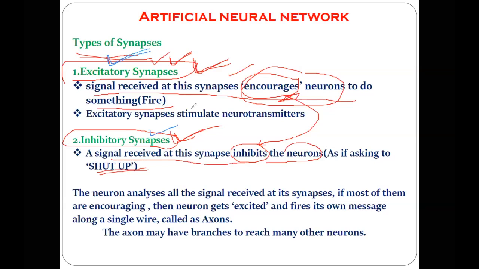And if the inhibitory synapses send a signal to your brain not to do something, will the human being do that? Will the human being do that particular thing if the inhibitory synapses signal goes to the neurons? Yes or no?